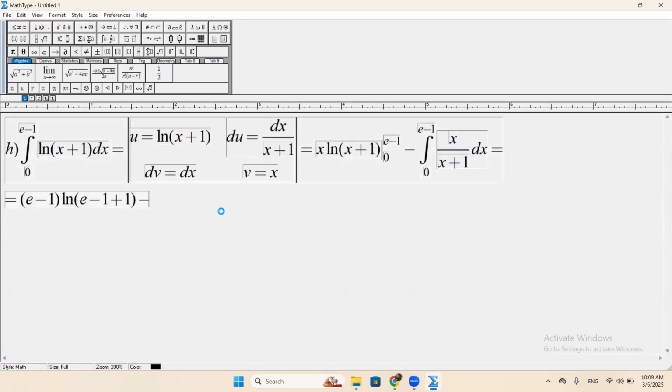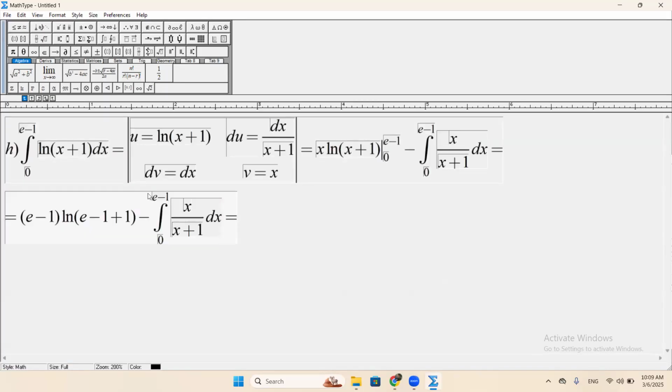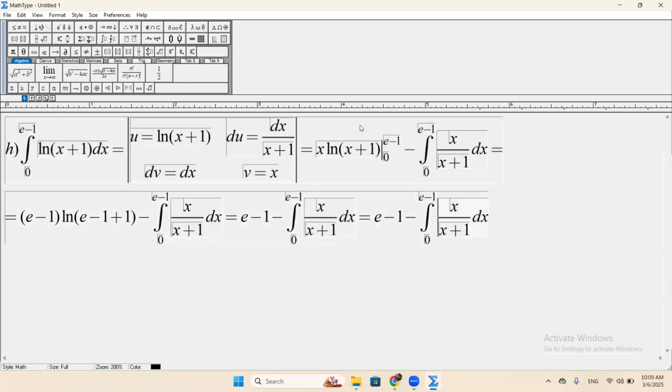Currently we will receive e minus 1 minus this integral. And now let's calculate the integral. In the following way, we need to extract the whole integer part.